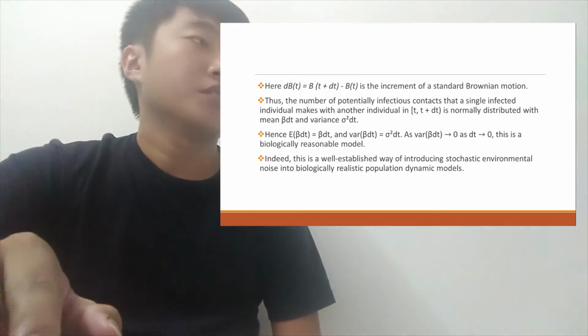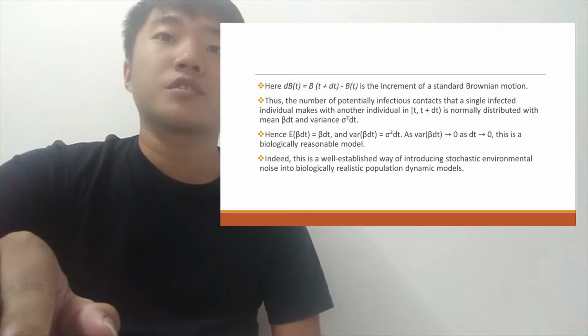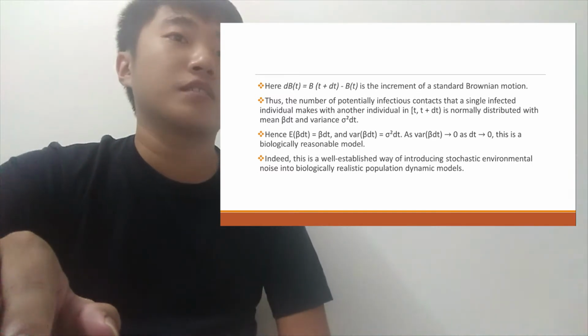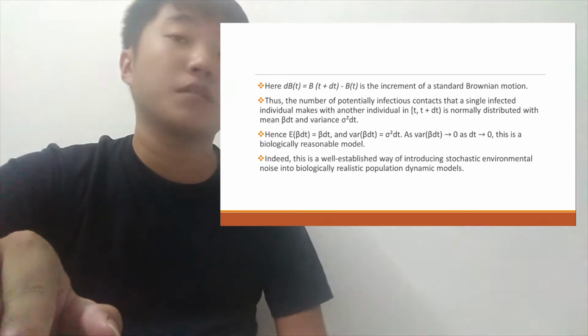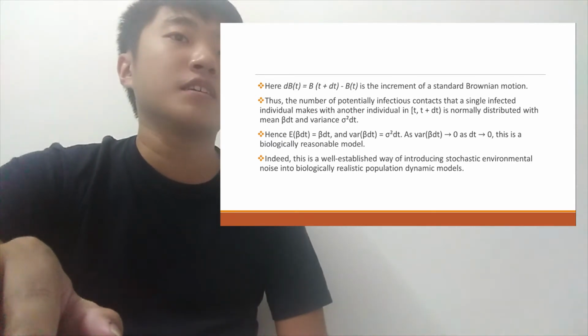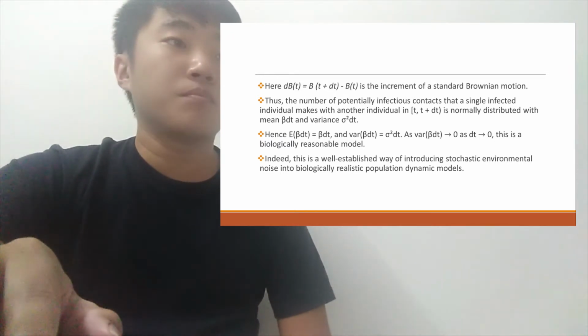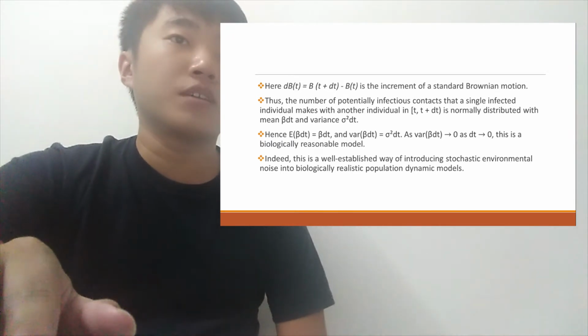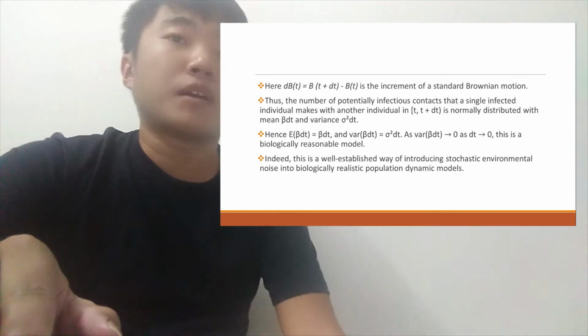Thus the number of potentially infectious contacts that a single infected individual makes with another individual in [t, t plus dt] is normally distributed with mean beta dt and variance sigma squared dt. Hence the mean equals beta dt and the variance equals sigma squared dt.